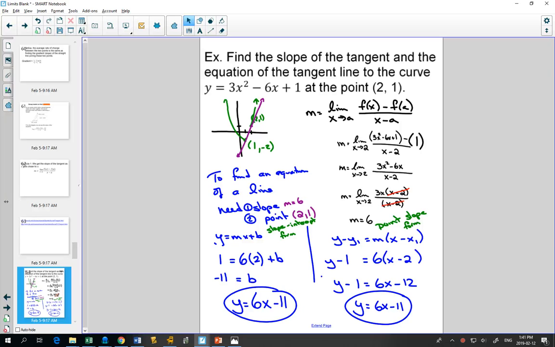Once we've got that slope, to find the actual equation of the tangent line, you can use your grade 10 math about lines, which means you need to have a slope and a point. And then you have a choice. You can either use y equals mx plus b, or y minus y1 equals m(x minus x1) to figure everything out.